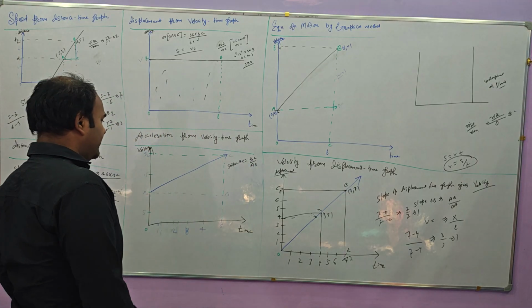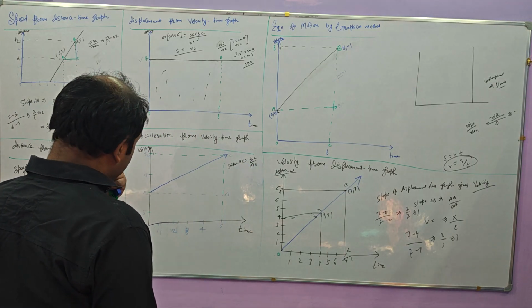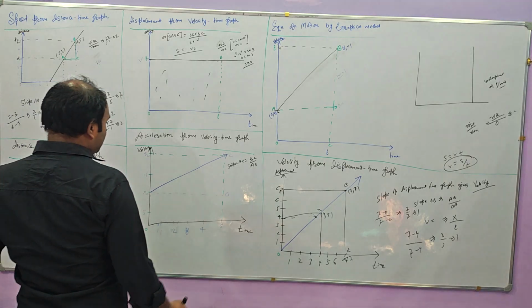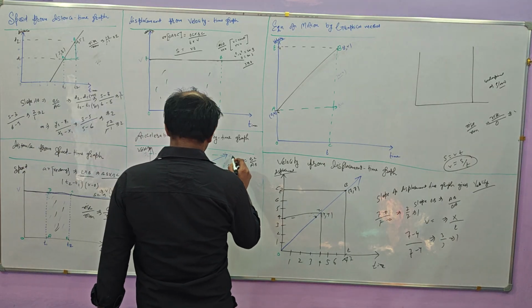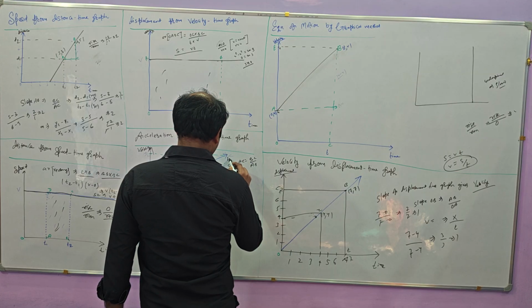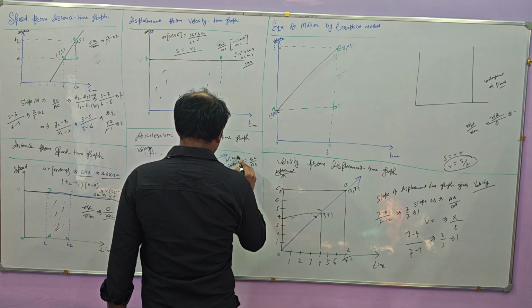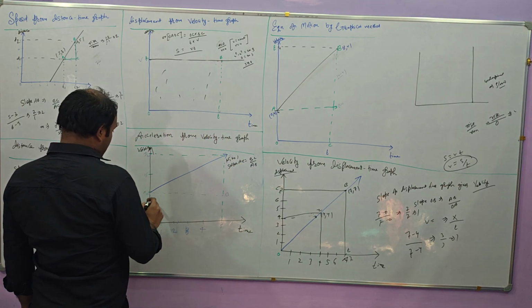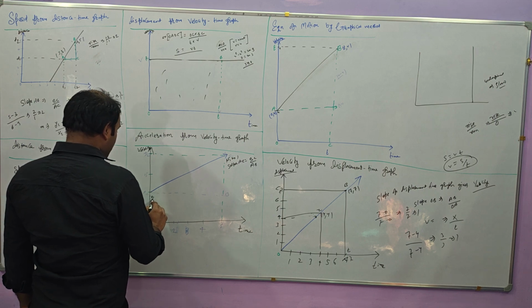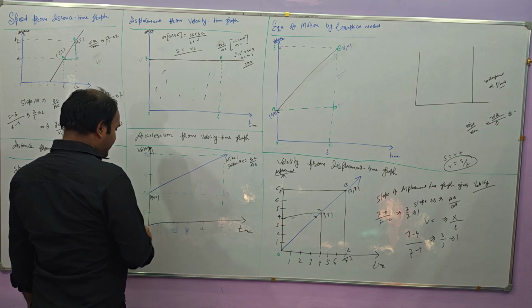When we check it with numerical values, suppose this has the coordinate 5, 20, and this has the coordinate 0, 10.